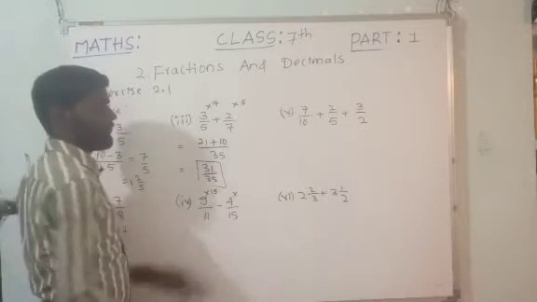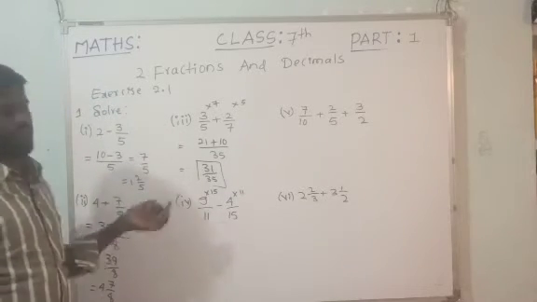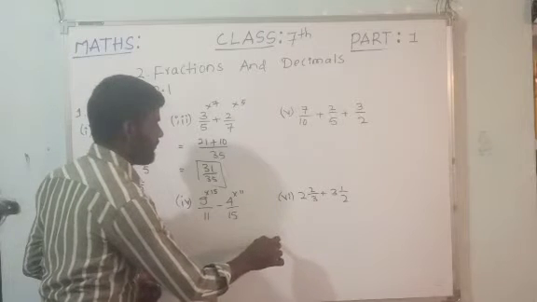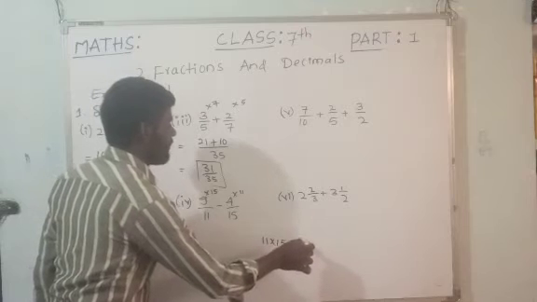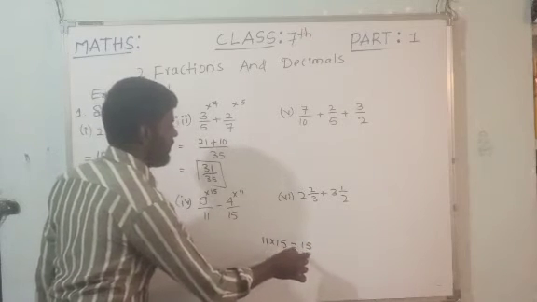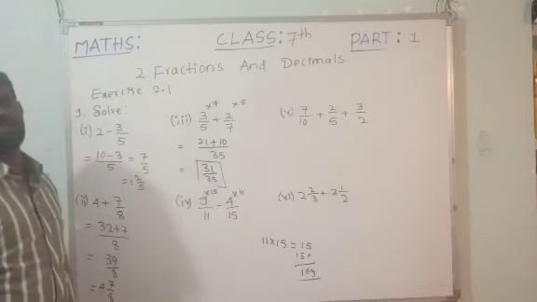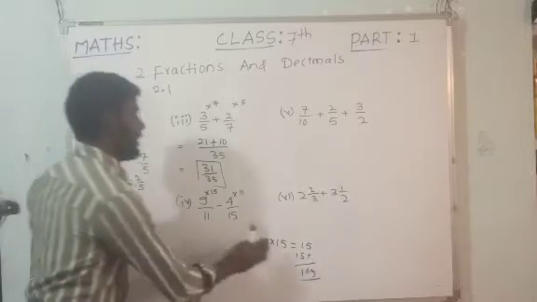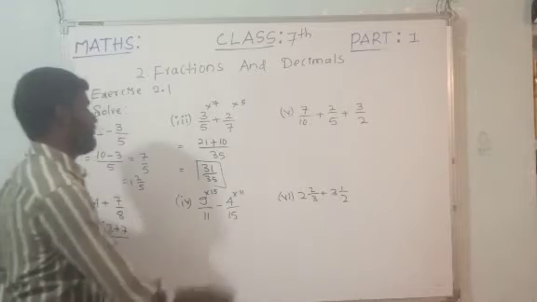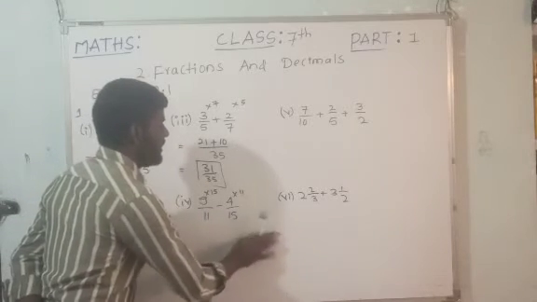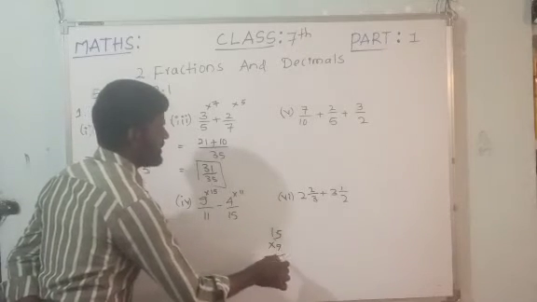Then this 4 we have to multiply by 11, because the LCM of 11 and 15 is the product of the given numbers itself. 11 into 15 equals 165. LCM of 11 and 15 is 165. Okay, leave it. Then dear children, here 15 into 9.